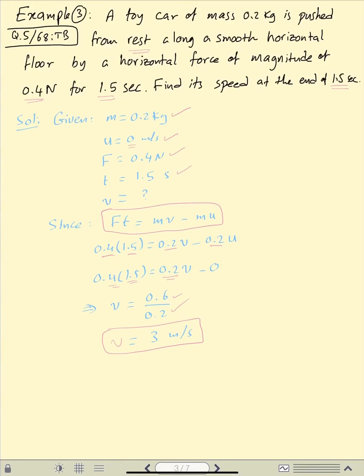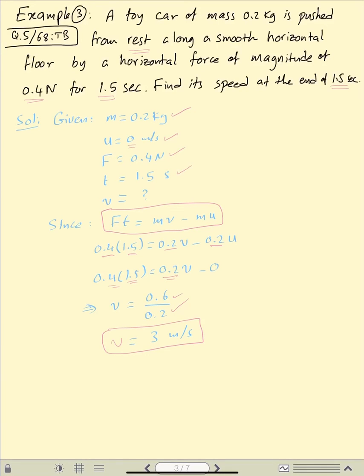about momentums. A toy car of mass 0.2 kilograms is pushed from rest along a smooth horizontal floor by a horizontal force of magnitude 0.4 newtons for 1.5 seconds. Find its speed at the end of the 1.5 seconds.